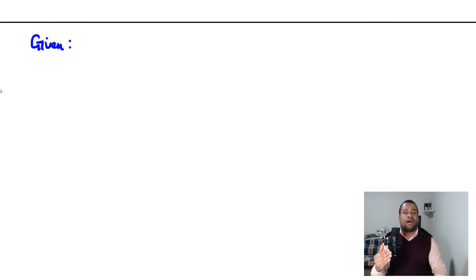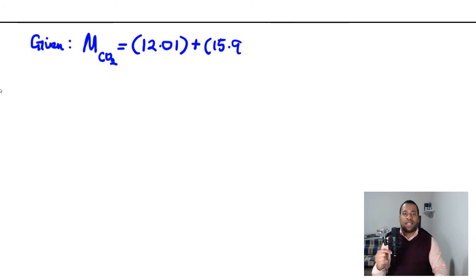We have molecular weight, that is, for carbon dioxide, we know that carbon is 12.01 multiplied by 1, of course, because there's just 1 of carbon, plus oxygen, which is 15.99, and this is multiplied by 2. And so therefore, this is going to be measured in grams per mole.